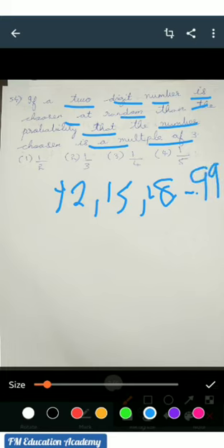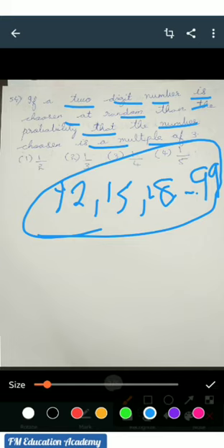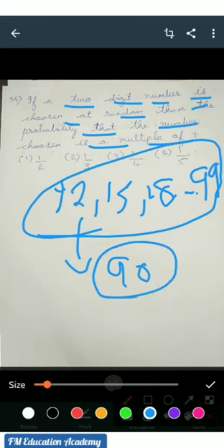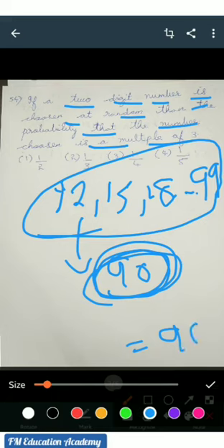So how many numbers do we have from 10 to 99? We have 90 numbers. So total number of outcomes are 90. Remember that.